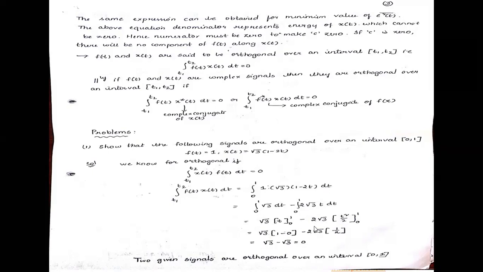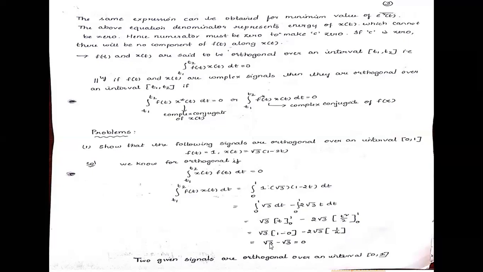Now root 3, the upper limit is 1 and the lower limit is 0, so 1 minus 0, minus 2 root 3, and here the upper limit is 1 and the lower limit is 0, and 1 square by 2 means 1 by 2. Now you can simplify the function. Root 3 into 1 is root 3, minus 2 root 3 into 1 by 2. The 2s get cancelled, so it is also root 3. Root 3 minus root 3 is 0.